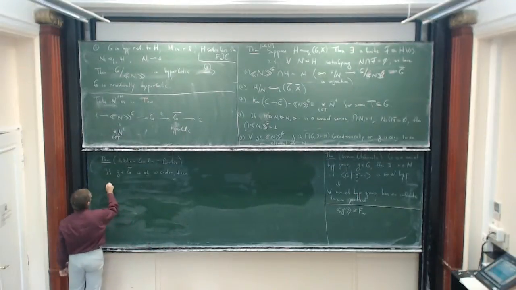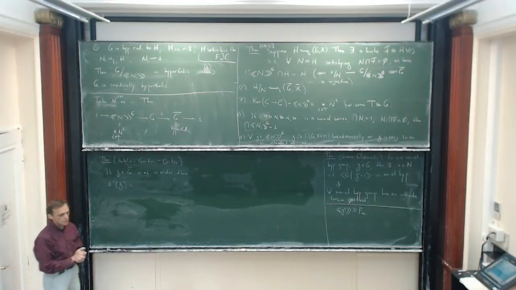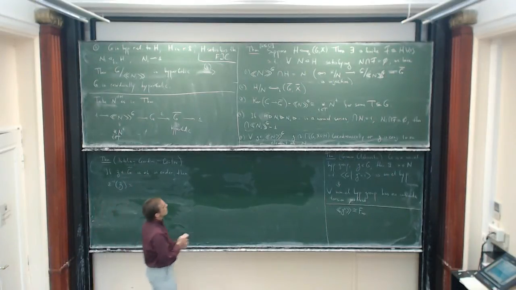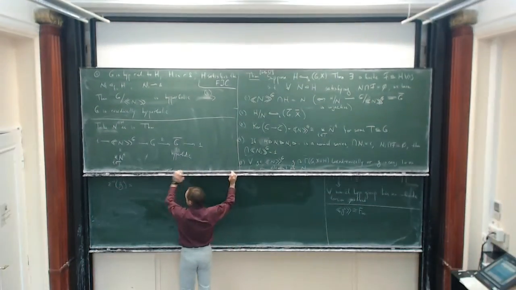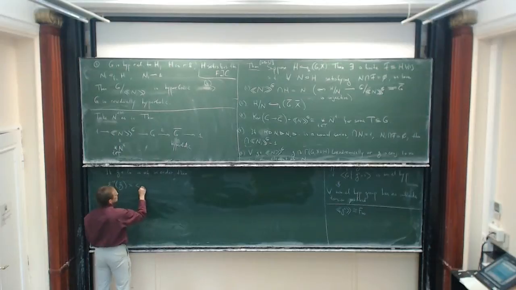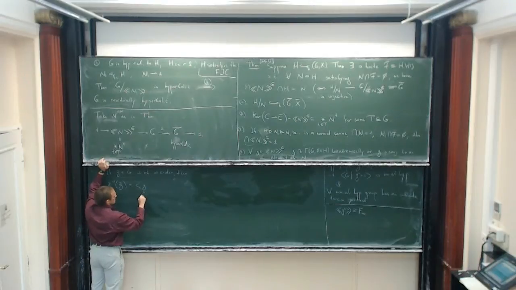Then you can describe the preimage of G bar. And the preimage is what you think it should be. So you know that the preimage, of course, will be generated by G, which is just one element.